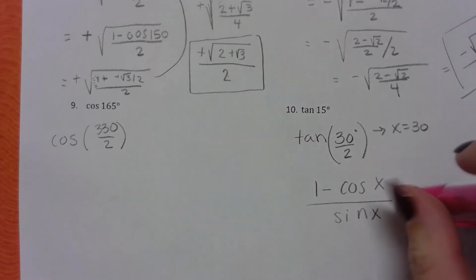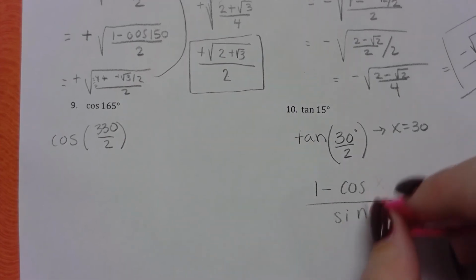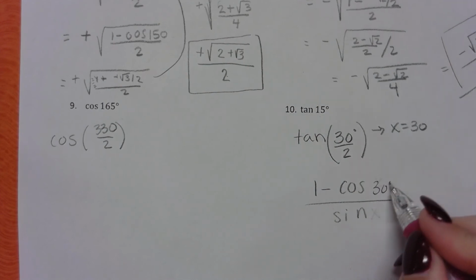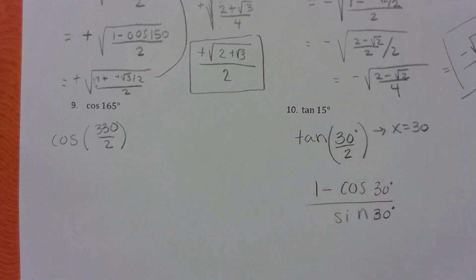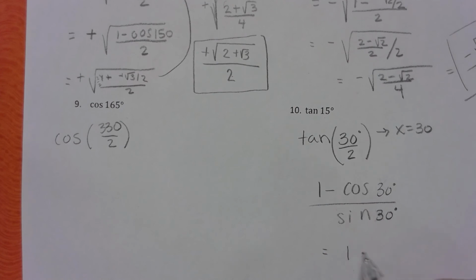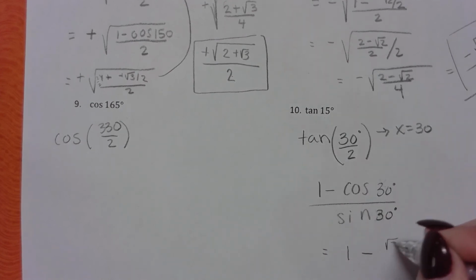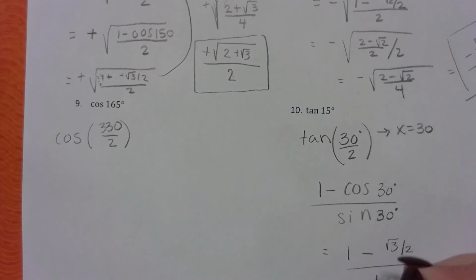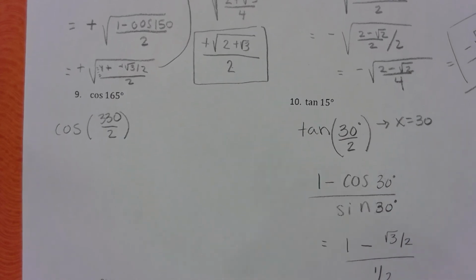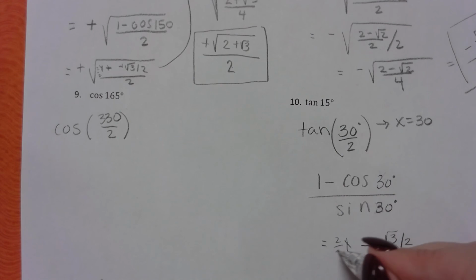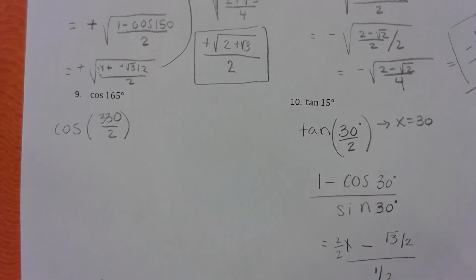And we know x is 30. So that gives us 1 minus cosine of 30, which is root 3 over 2. Sine of 30 is 1/2. Make this a 2 over 2. 2 minus root 3 over 2 over 1/2.